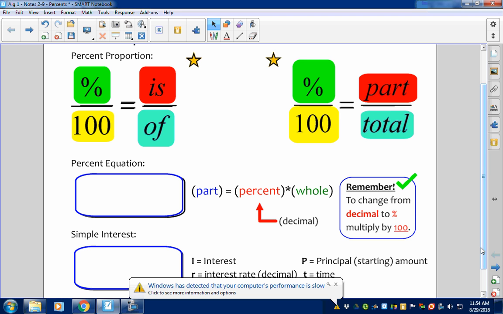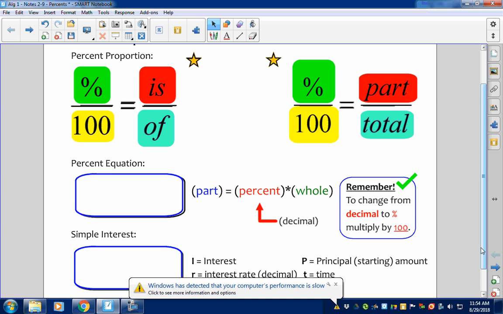If I'm buying a $20 gift, my tax is going to be 8% of $20. I'm not going to set up a proportion to do that. I'll hit 0.08 times 20 on my phone calculator, or think about it in my head, and figure out what the tax is.